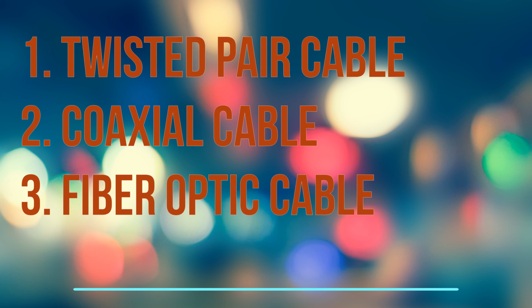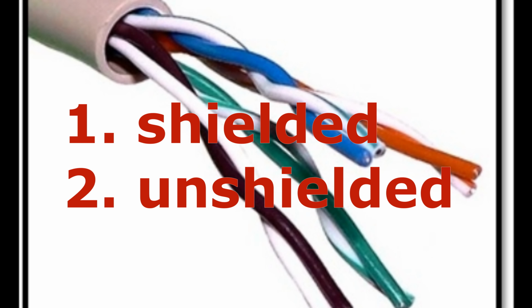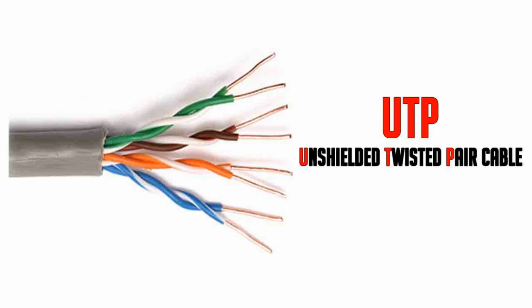Twisted pair cabling comes in two varieties, shielded and unshielded. Unshielded twisted pair, or UTP, is the most popular and is generally the best option for school networks. The quality of UTP may vary from telephone-grade wire to extremely high-speed cable.